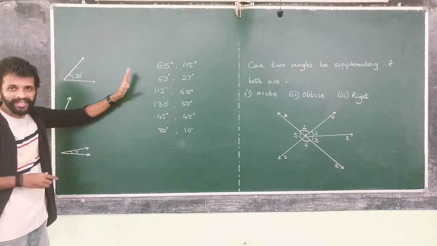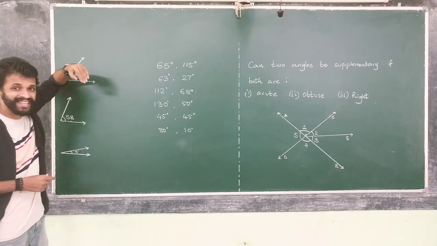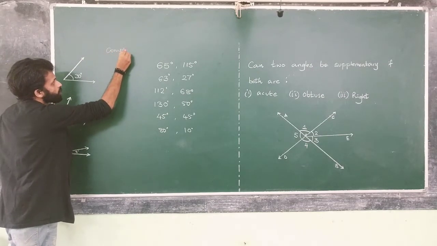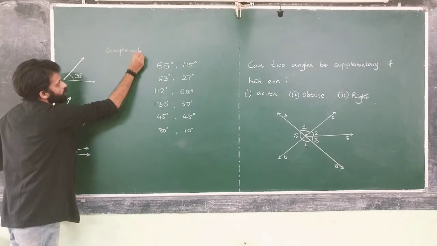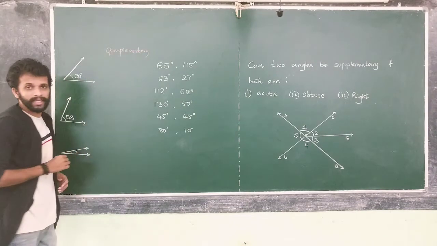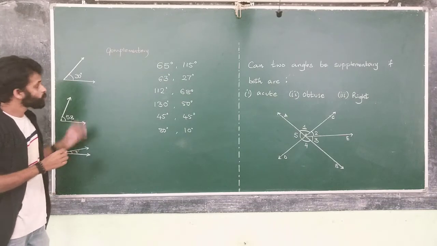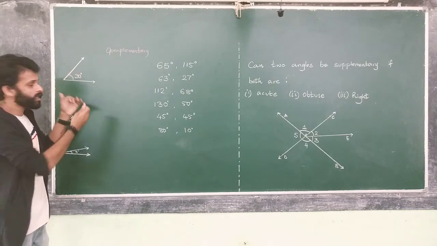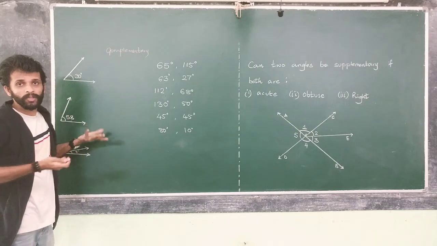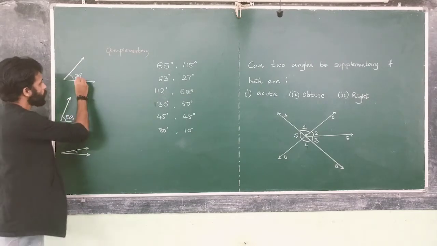Complementary means 90, if you remember I was telling you. So this angle plus another angle should give me how much? 90 degrees.